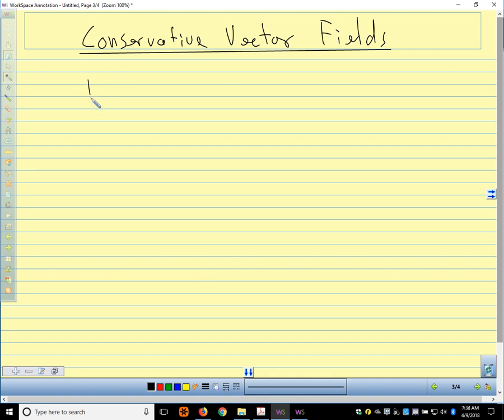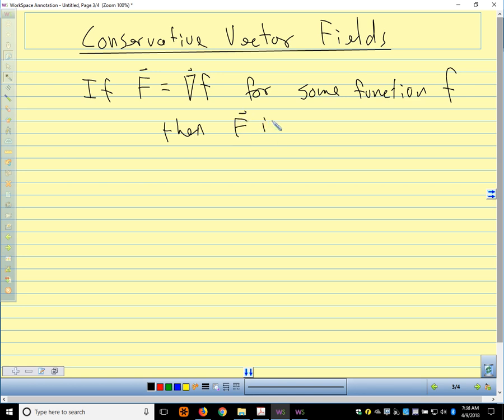So a conservative vector field, if our vector field F is the gradient of some scalar function, then F is called conservative.